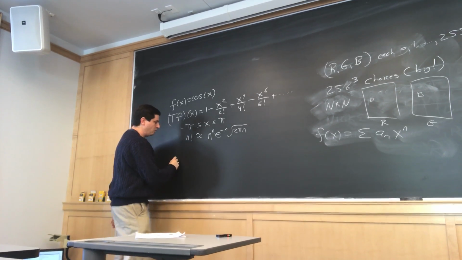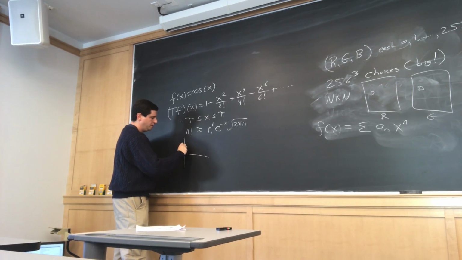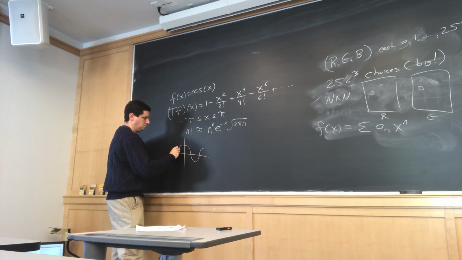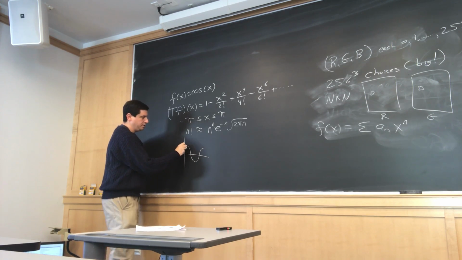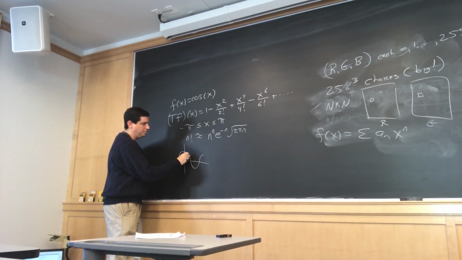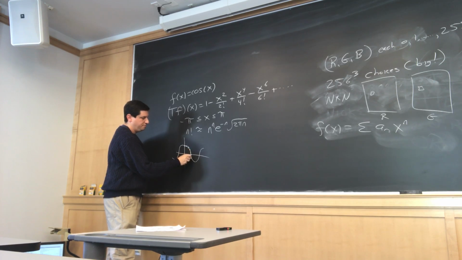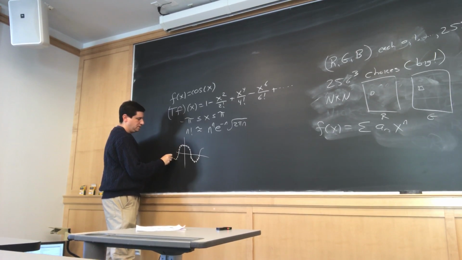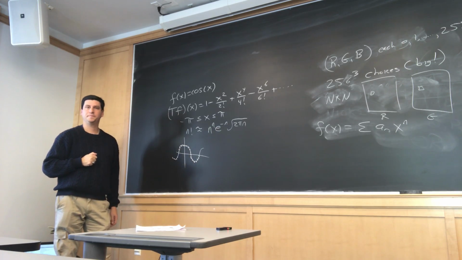And so if I want to send a plot of cosine, one possibility is I send a tremendous number of points. Each point will be an x coordinate and a y coordinate. I could transmit all that information, but that's very expensive.